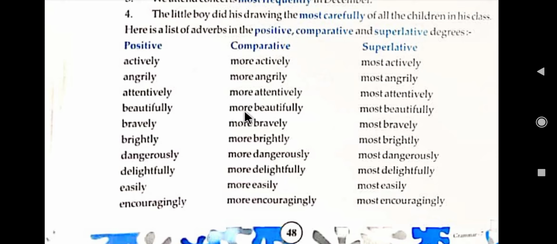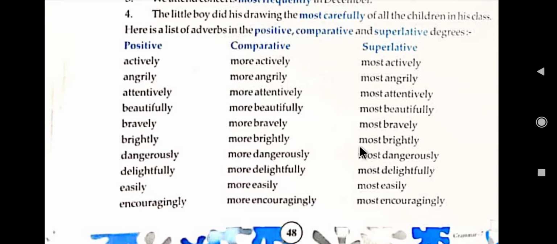Beautifully, more beautifully, most beautifully. Bravely, more bravely, most bravely. Brightly, more brightly, most brightly. Dangerously, more dangerously, most dangerously. Delightfully, more delightfully, most delightfully. Easily, more easily, and most easily. Encouragingly, more encouragingly, and most encouragingly.